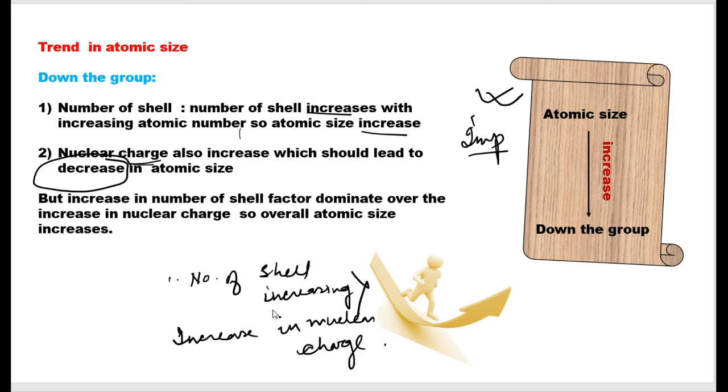Only the factor which determines the atomic size across the period is the nuclear charge, which increases. But down the group, the number of shells increases as well as the nuclear charge, but the number of shells factor dominates over the nuclear charge factor, which is why the atomic size increases down the group.